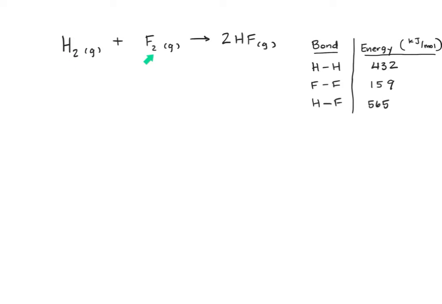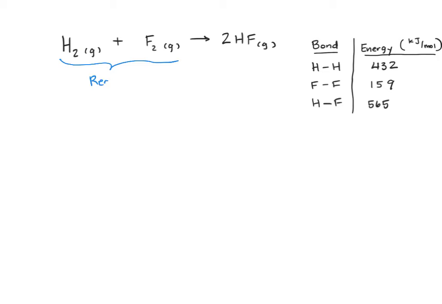For this reaction, H2 plus F2 makes 2HF. In this chemical reaction, all of the bonds that are represented by our reactants on the left side of this reaction have to break. So, all of these substances will form new chemical products.